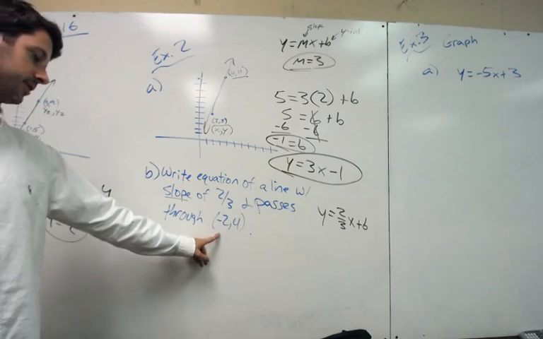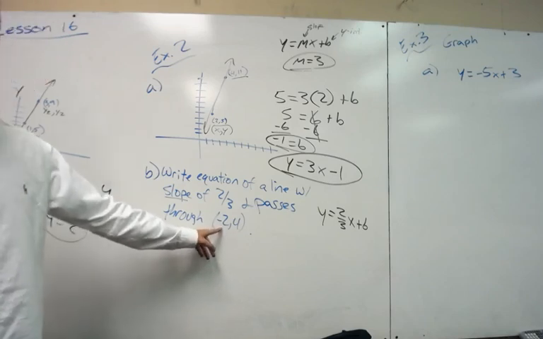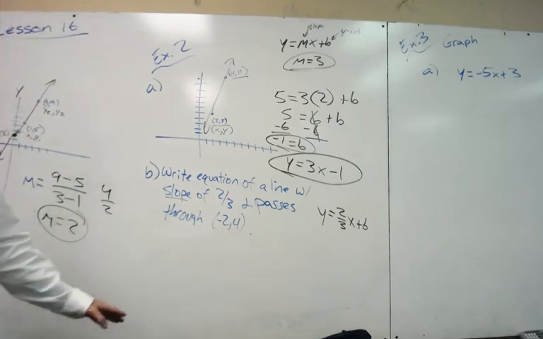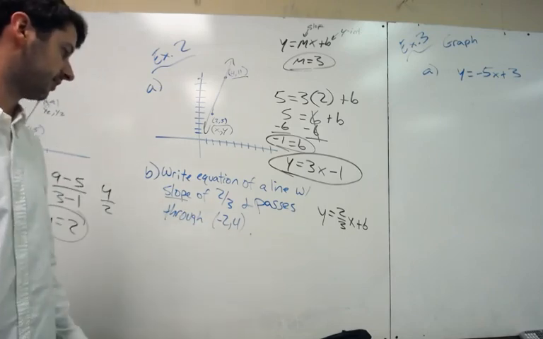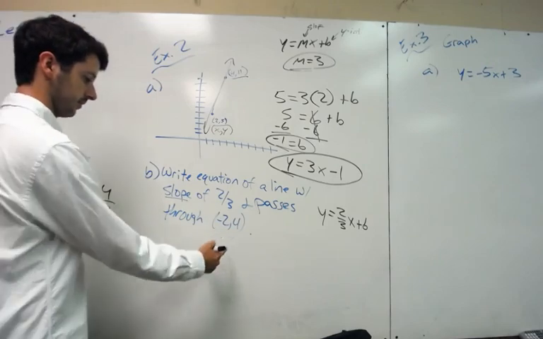The y-intercept would actually look something like x would be 0, and then y would be whatever. So therefore, we would have to plug this into our y and x values. Our y is 4.